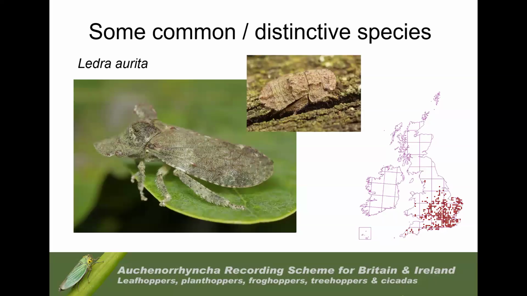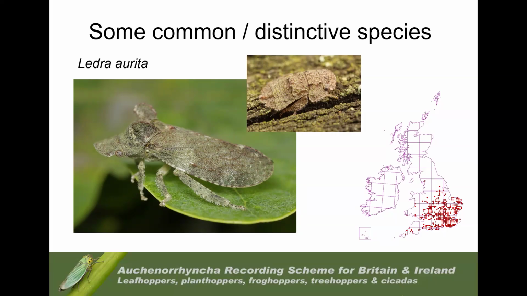It's actually our largest leafhopper, largest cicadellid, nearly 2 centimetres long. And as you might imagine, it feeds primarily on oak trees and other large trees. When it's sitting on bark, particularly if it's got lichen on it and so on, it's incredibly well camouflaged and very difficult to see.